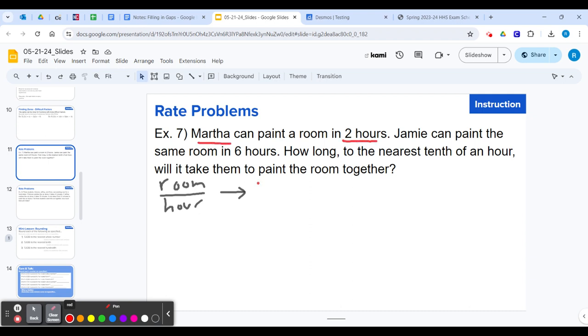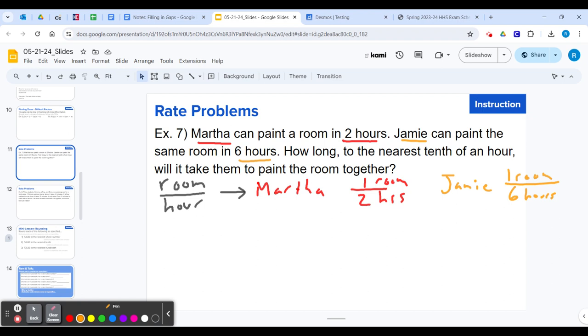So for Martha, she can do 1 room every 2 hours. For Jamie, they can paint that same room, so Jamie can do 1 room every 6 hours.